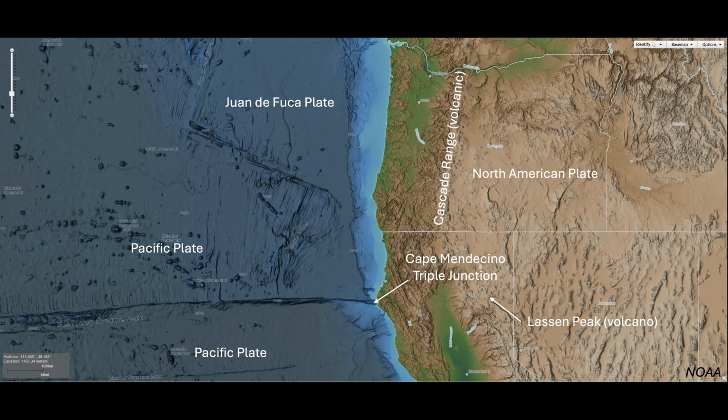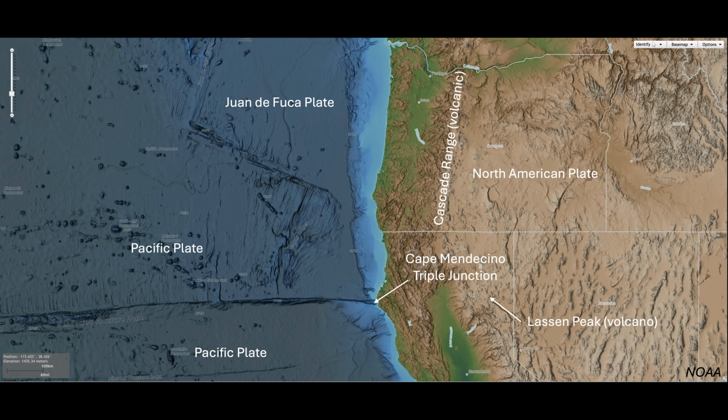Now, this is really kind of cool for two things here. You can see where that fracture zone is in the ocean there. If you trace that on land, you'll come up to where the first volcano is. So you have to subduct a plate for a certain distance before you actually get a melt, and then you get volcanoes that develop there. So Lassen Peak is the southernmost of the Cascade Range.